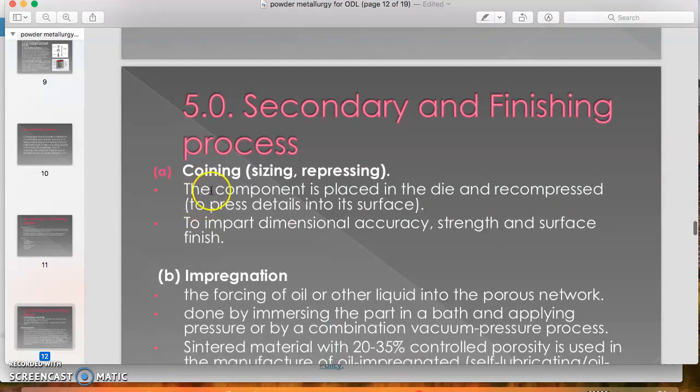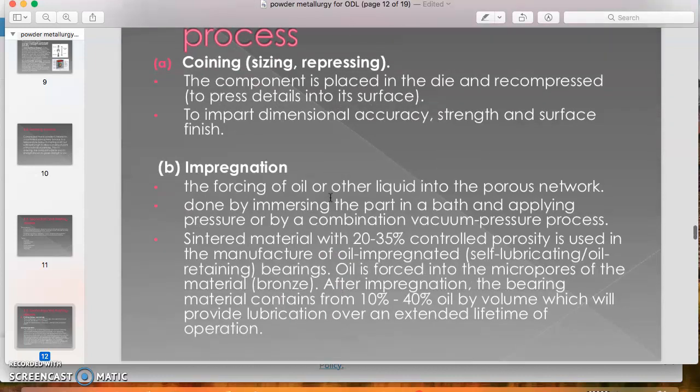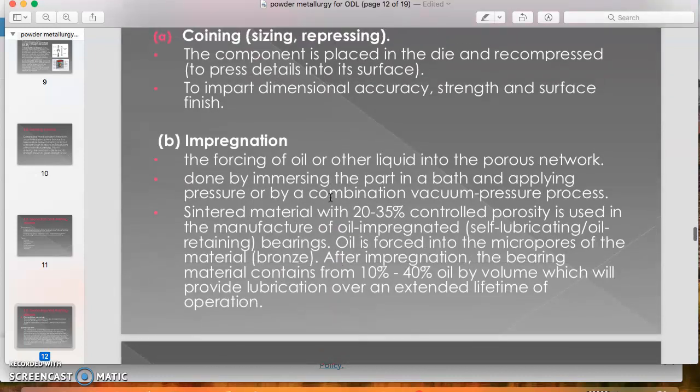Okay, coining is sizing or repressing, where the component or product is placed in the die and then recompressed again to press the detail or to improve the dimensional accuracy. Impregnation is forcing oil or other liquid into the porous network.